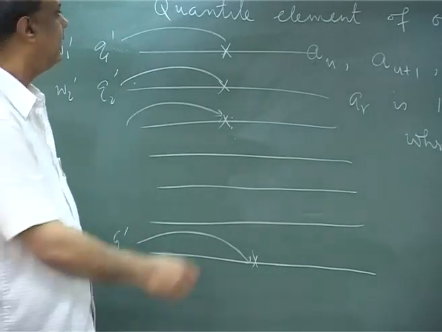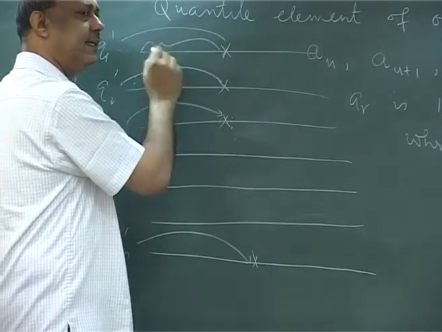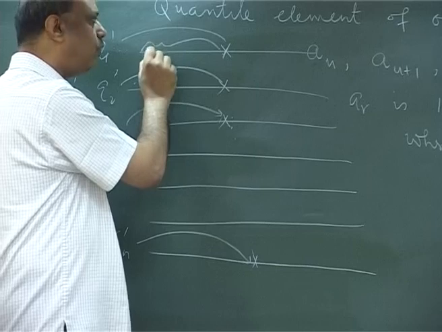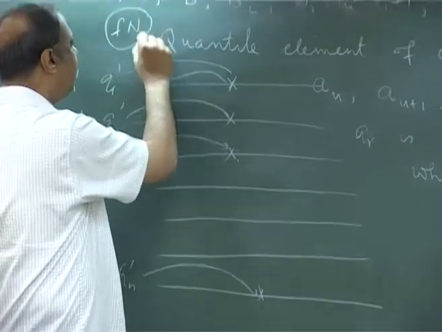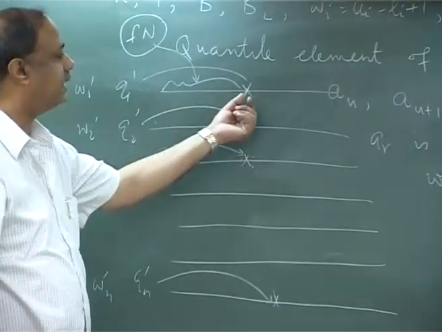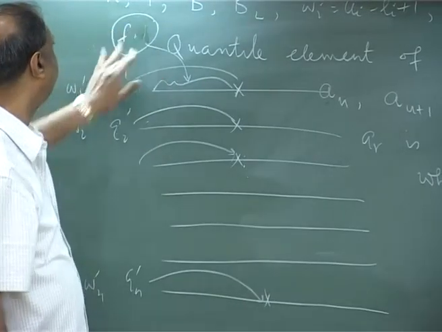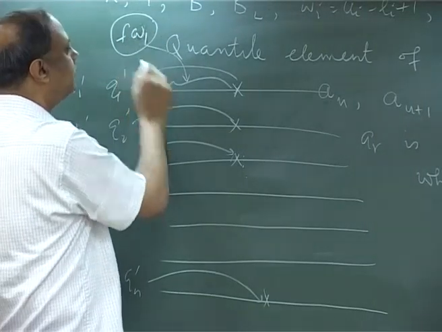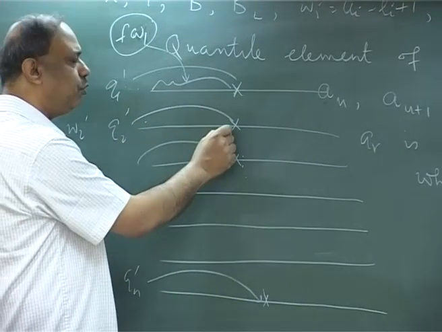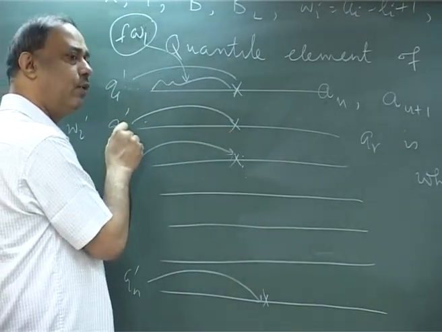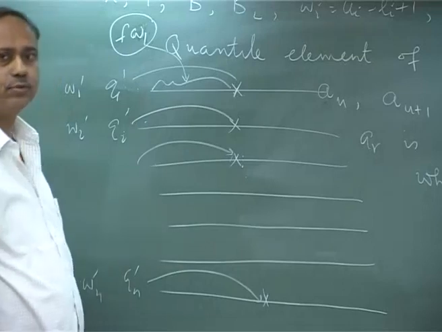Agreed or not? And if it is the quantile of order F, that gives you the guarantee that there exist f into w1 elements smaller than this element. Similarly, f into w2 elements will be less than or equal to this element, f into w3 elements less than or equal to this element, and so on. Agreed?